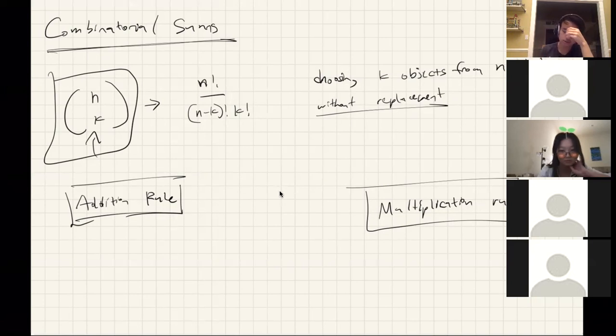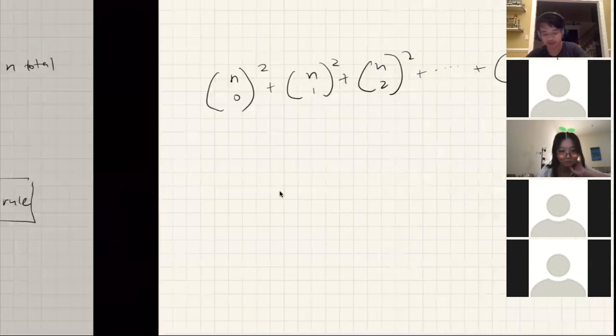To do that, you will use the addition principle and the multiplication principle: adding the number of ways to do one thing plus the number of ways to do another thing, and multiplying the number of ways of one thing by the number of ways to do another thing. I think that's what they're called, but they're pretty intuitive, so I'll just skip them for now.